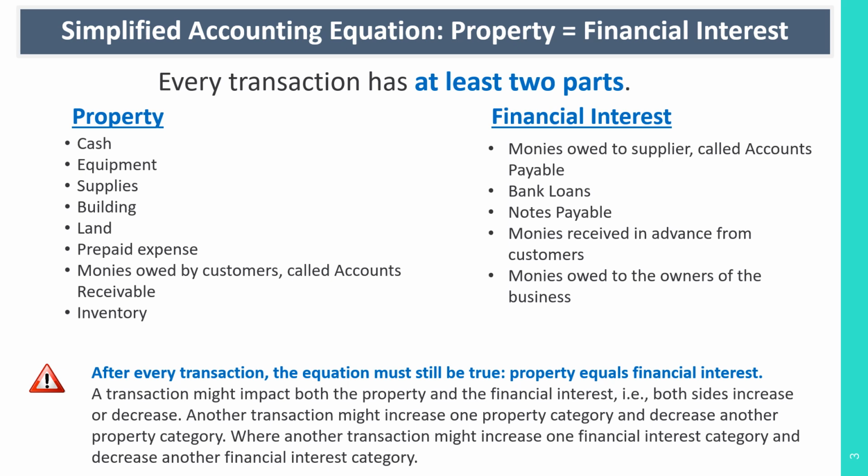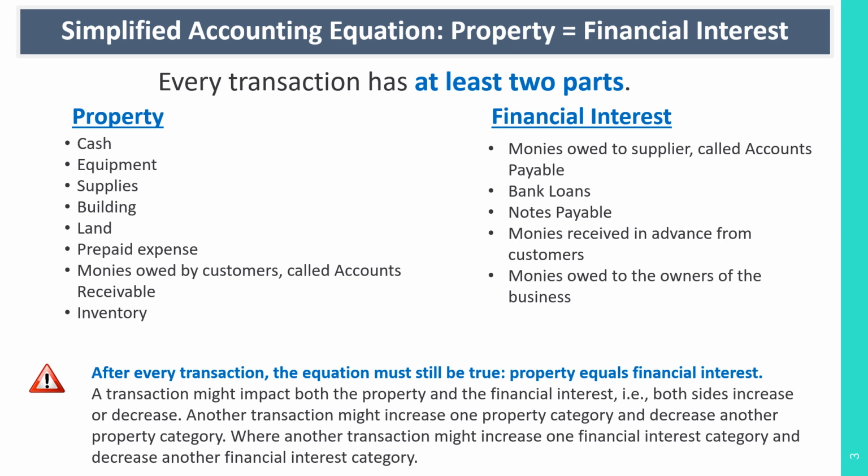The simplified accounting equation basically states that the property of the company is equal to the financial interest in the business. Let's say that the owner of the company puts $1,000 into the business to be repaid later. The business now has $1,000. It's the business's property. But at the same time, it still owes $1,000 to the owner.